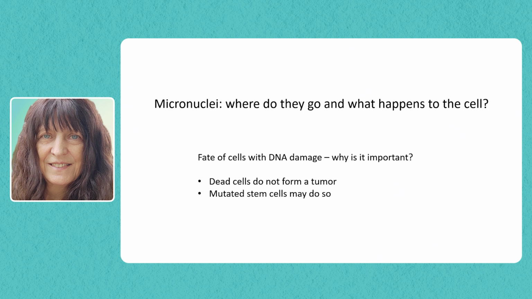So we're interested in the question whether this compound could possibly cause a tumor formation in humans. Now, if it only causes dead cells, it will never cause a tumor formation. Dead cells do not form a tumor, but mutated stem cells may form a tumor. So it is really important to know what the fate of a micronucleus containing cell is.